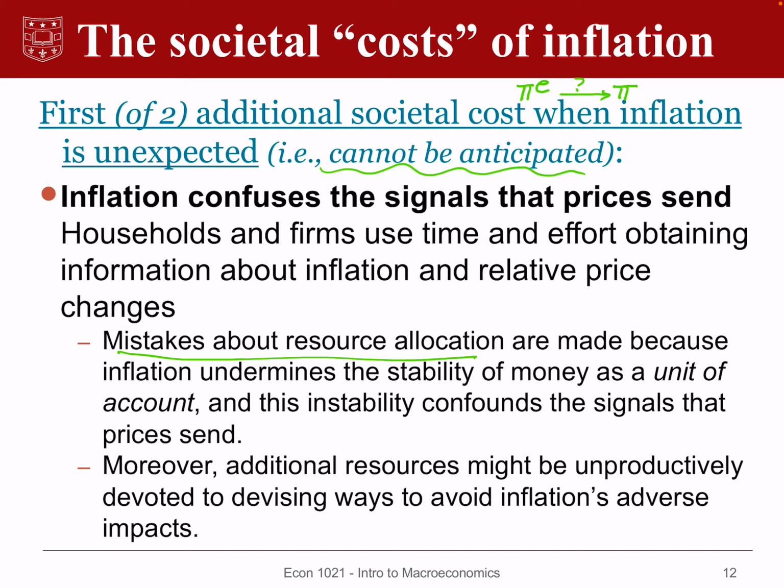As an additional source of problem here, additional resources might be unproductively devoted to devising ways to avoid inflation's adverse impacts. So, for instance, if inflation pushes people into higher tax brackets, they might devote a lot of their resources to lawyers' fees to figure out how to navigate that, or maybe do things that are not on the up and up in order to try to avoid a tax burden.